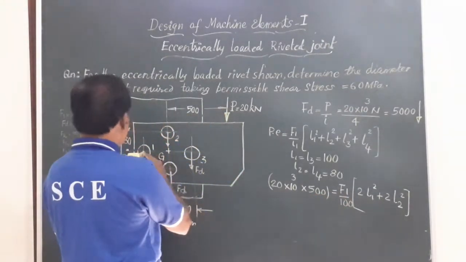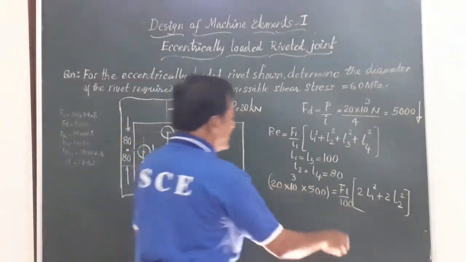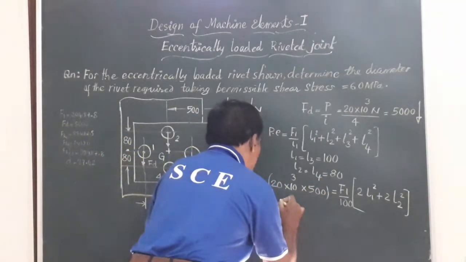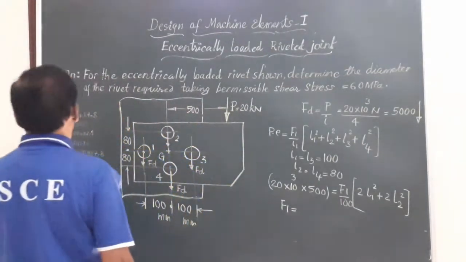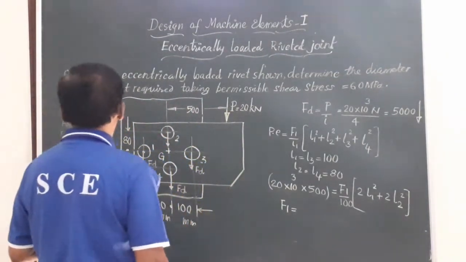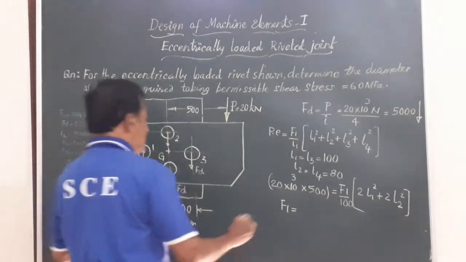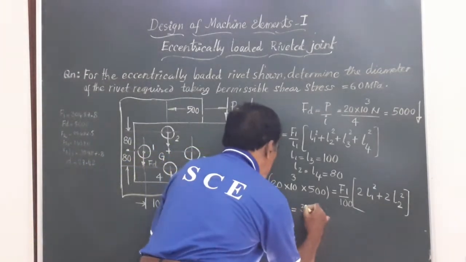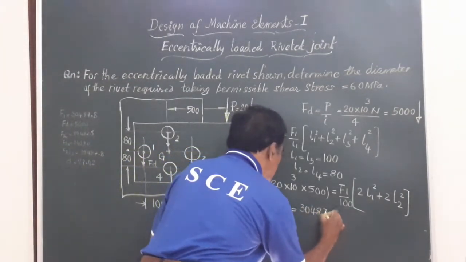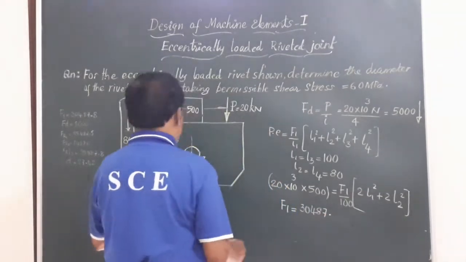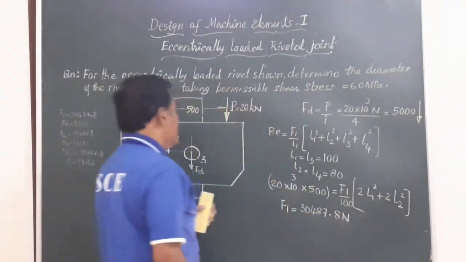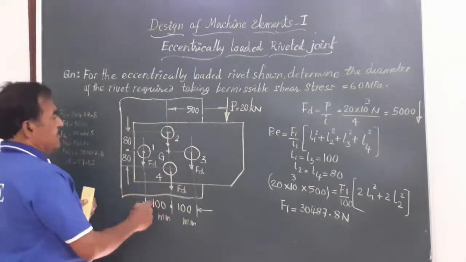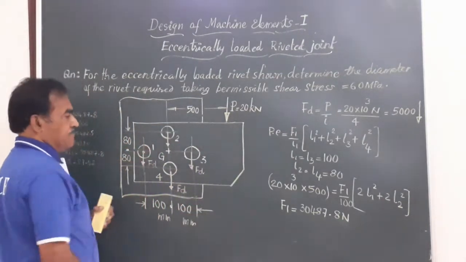And friends, if you simplify this, we get the secondary load at rivet number 1 as 3487.8 Newton. So this is the secondary load acting at rivet number 1.